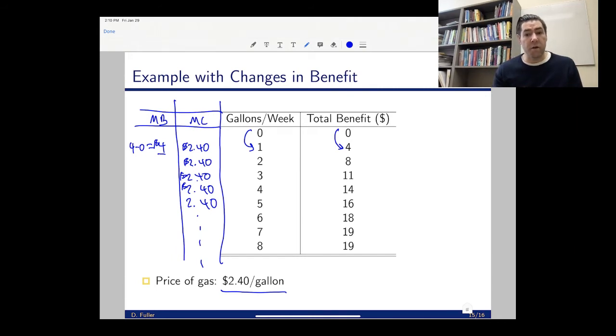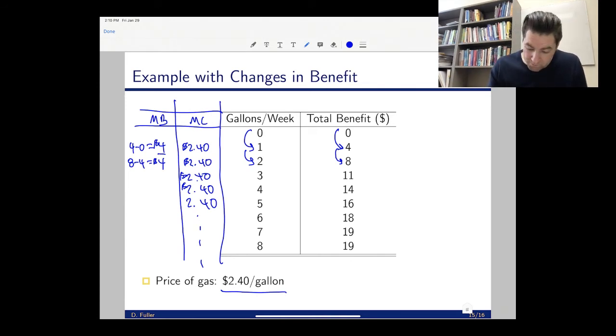The cost is $2.40, so I should add that first gallon of gas per week. What about if I go from 1 to 2? My benefit increases from 4 to 8, so it's 8 minus 4, still an extra $4 of marginal benefit. That is still greater than the marginal cost, so I should add the second gallon.